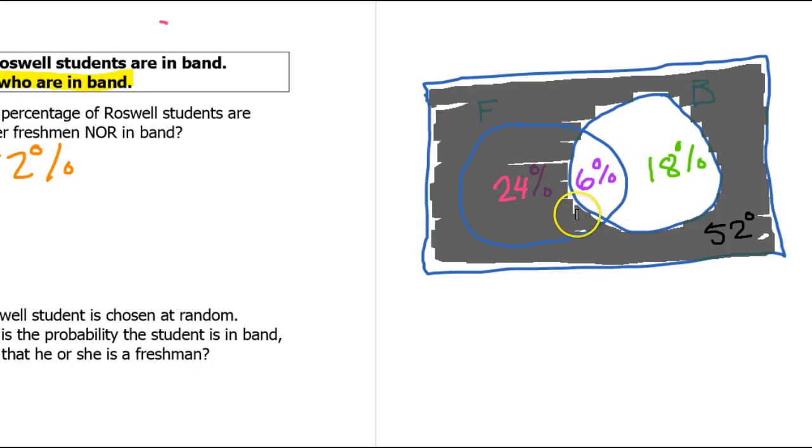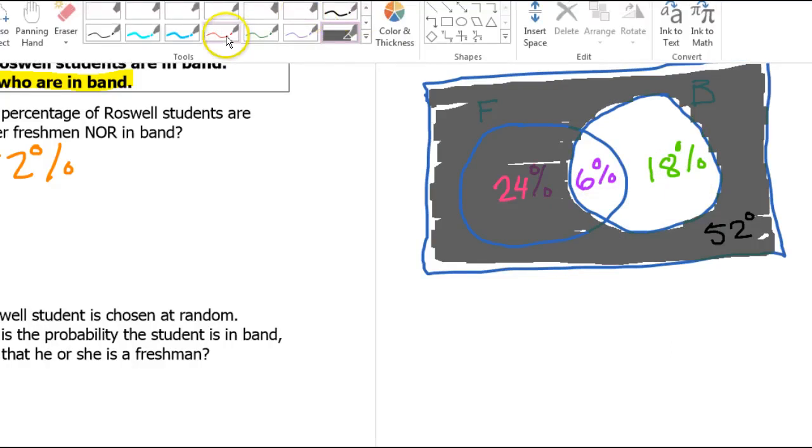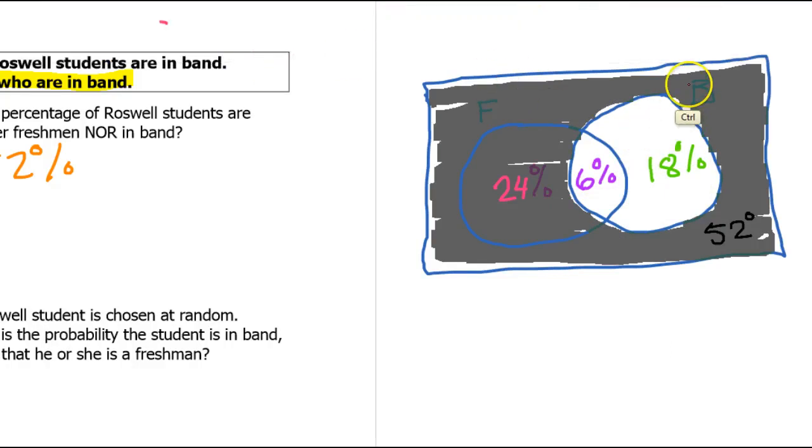Let's see, can I swoop through here, clean this up a tiny bit? All right, that's going to have to be good enough. So you can see that this is the new universe. The 6% and the 18%, that's the new, smaller universe, because that is the part that used to be band.